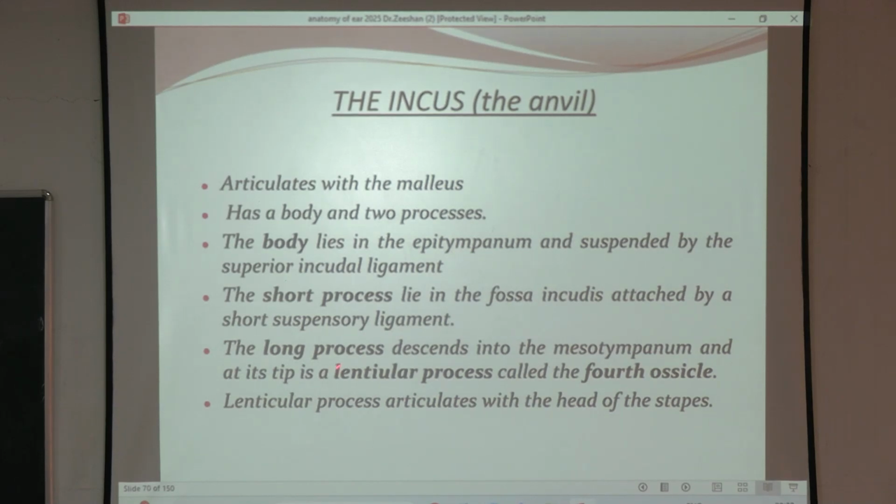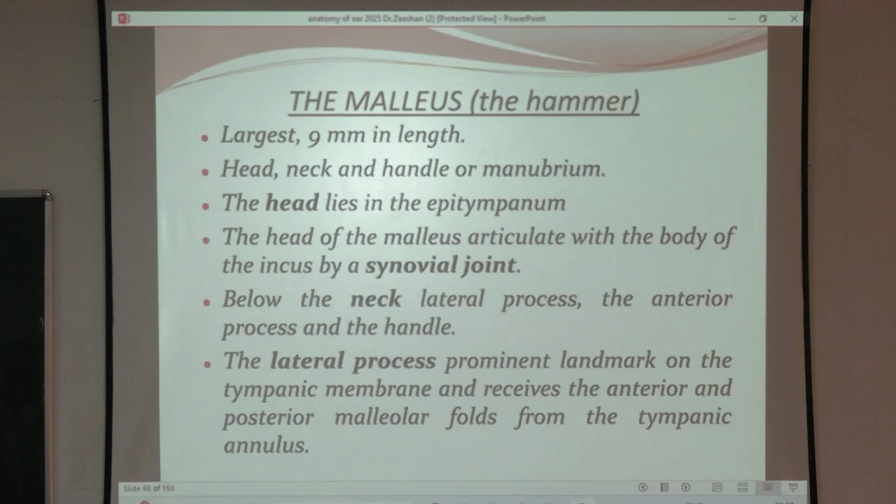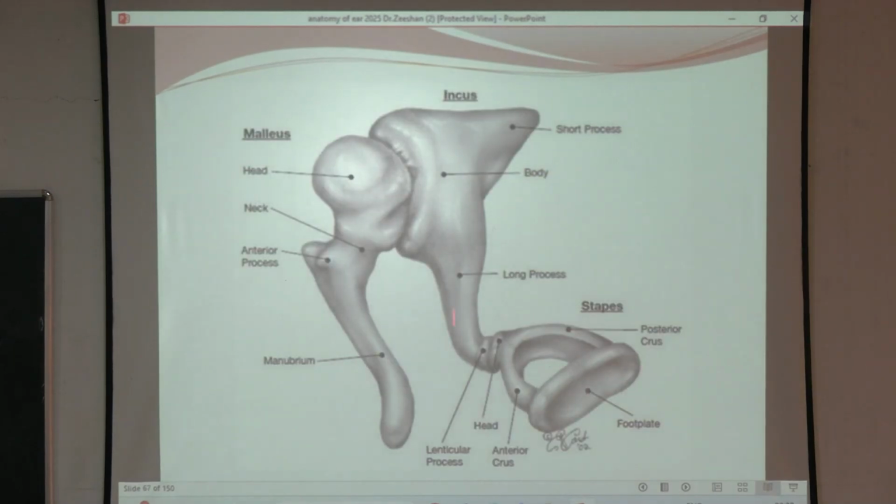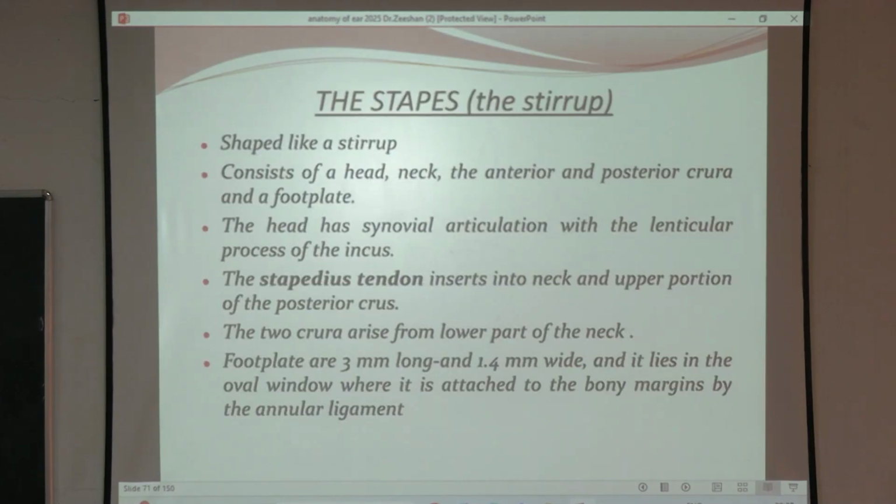The long process descends into the mesotympanum and at its tip is a lenticular process, also called the fourth ossicle. Very important: the fourth ossicle. At the end of this long process is this small process, called the lenticular process, which we sometimes also call the fourth ossicle.